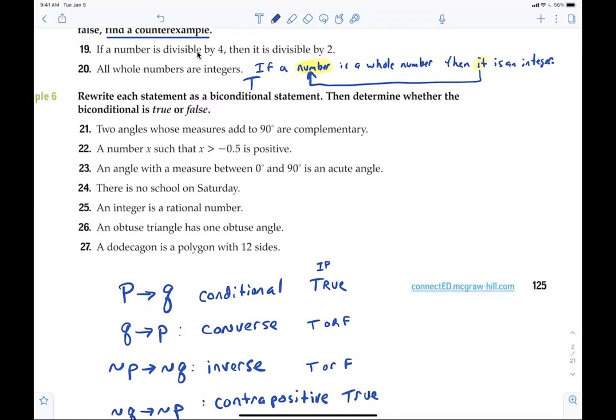Do you understand me now? All we're doing is switching. If a number is an integer, then it is a whole number. Is that true or false? False. Definitely false, right? Because you can be a negative and a negative is not a whole number, correct?